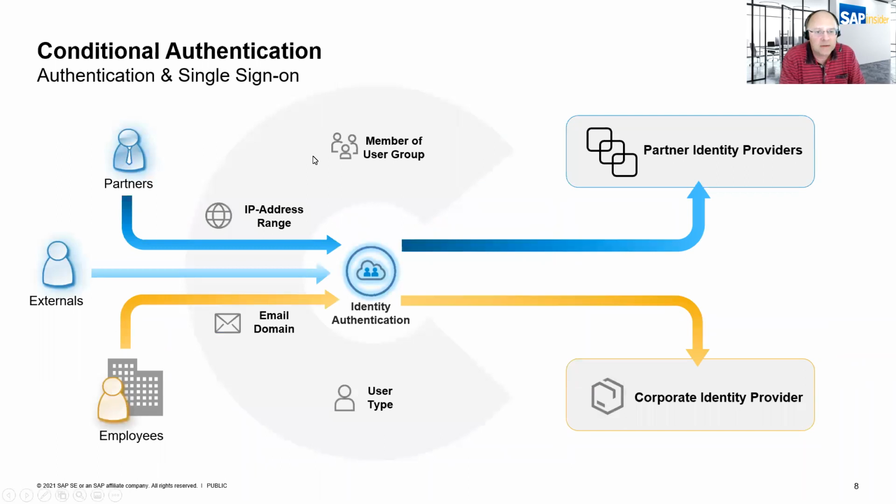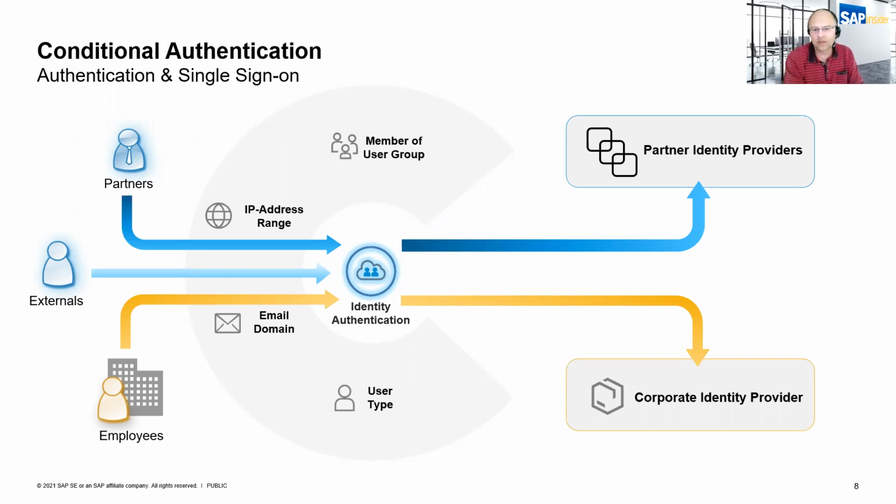Okay, one very important feature that we are offering is that different user types often access one and the same application. A very simple example is the SAP community. We as SAP employees access the community. Our partners access with their users, as well as external users that can access it with self-registration. And the identity authentication service is very flexible in routing the users.